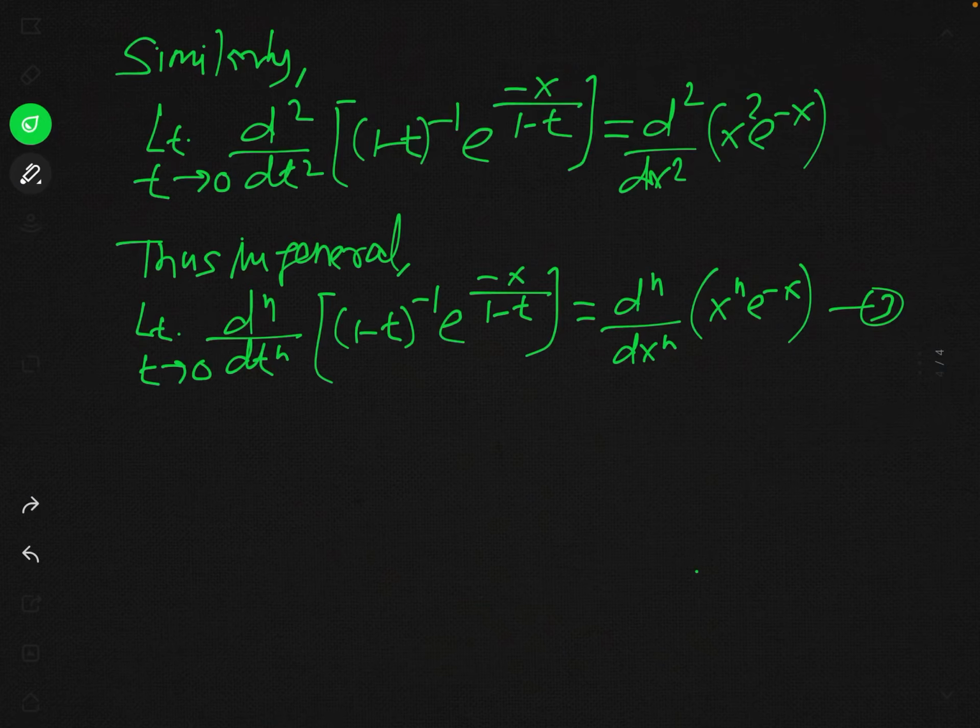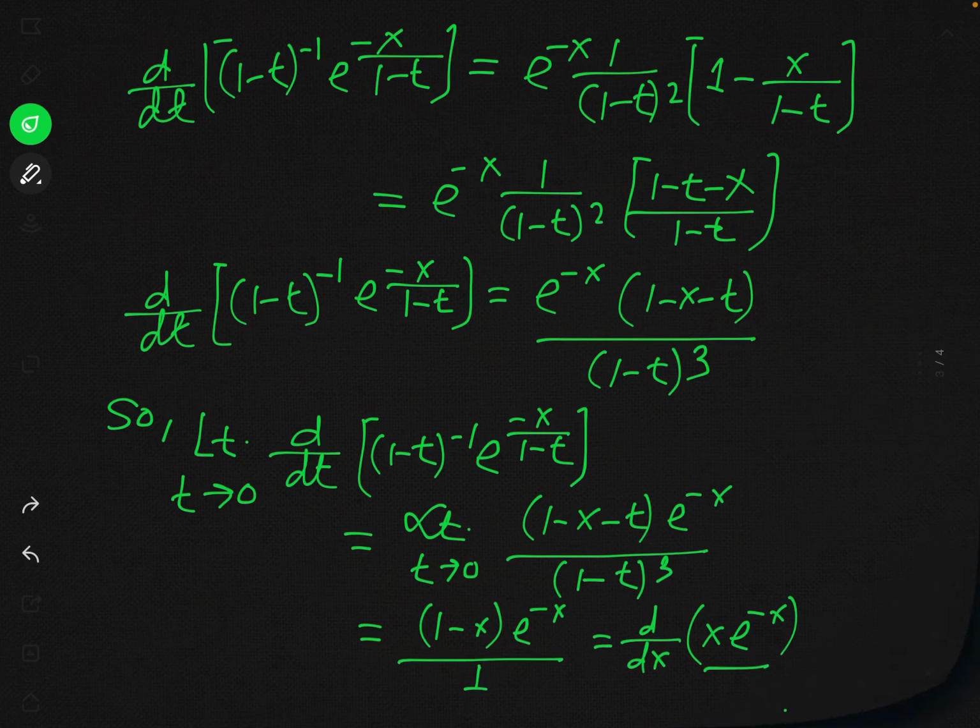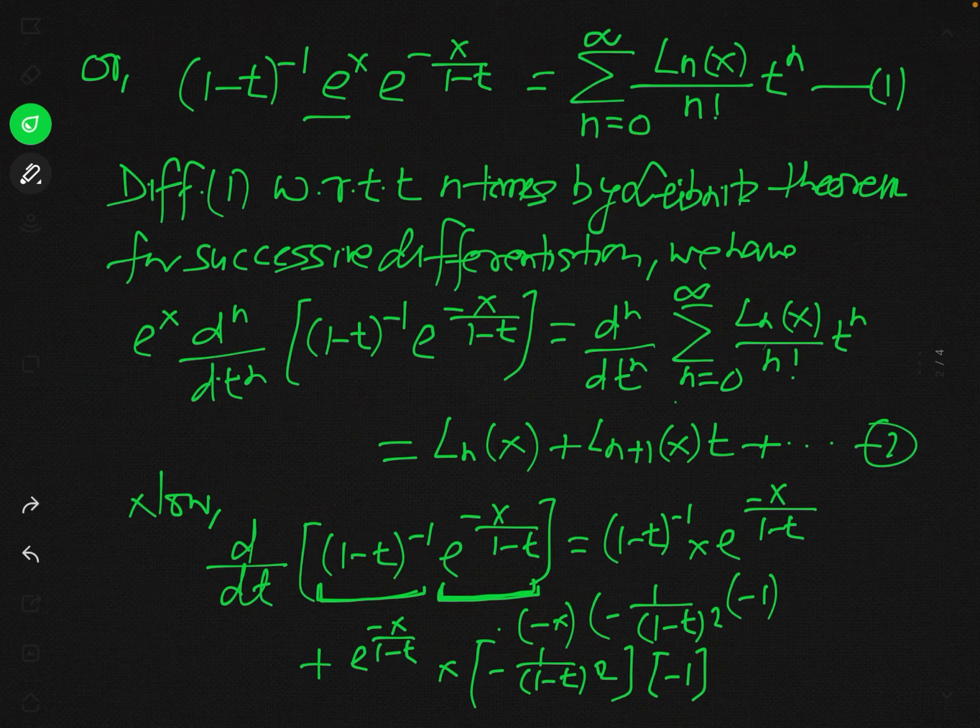Now we will impose the limiting condition, that is t tends to 0, on equation 1 which we have obtained earlier. See here, this is equation 1, and now we are going to impose the limiting condition t tends to 0 on this equation.